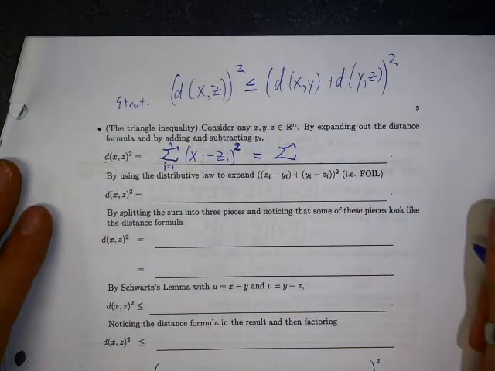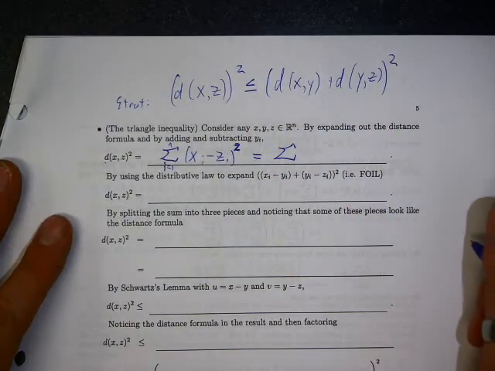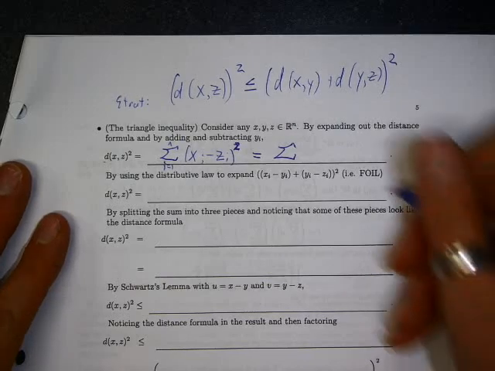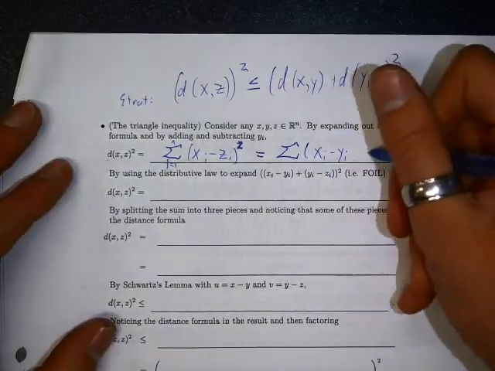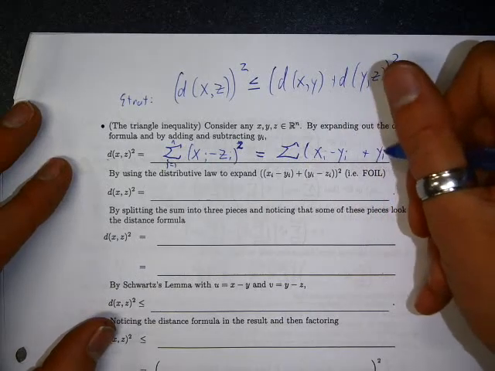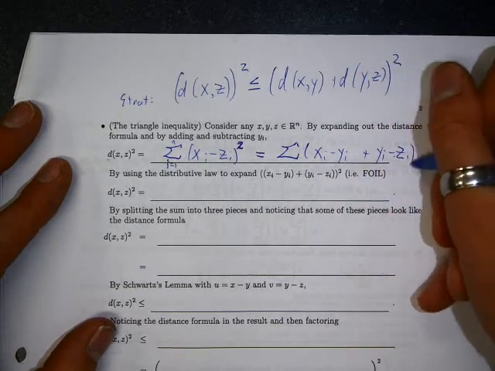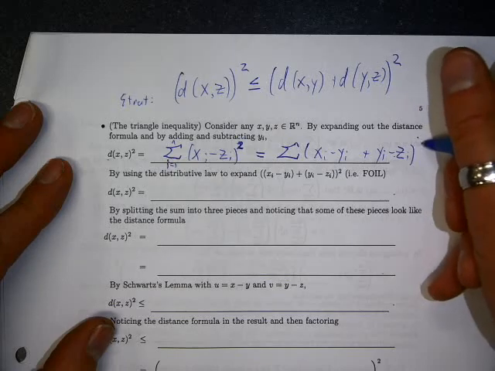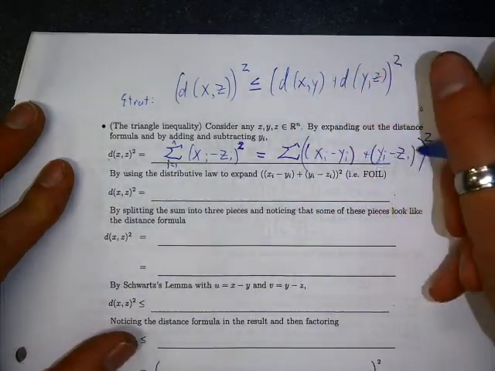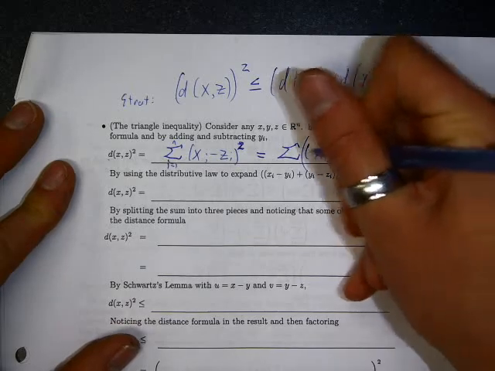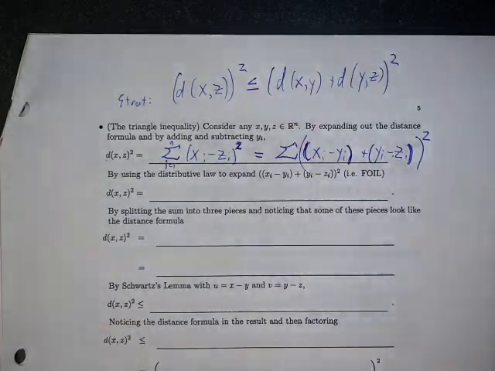I'm going to stop indexing my sums. They're all indexed from 1 up to n. So all of this will be squared, and then I'll add some helpful parentheses around those two pieces.